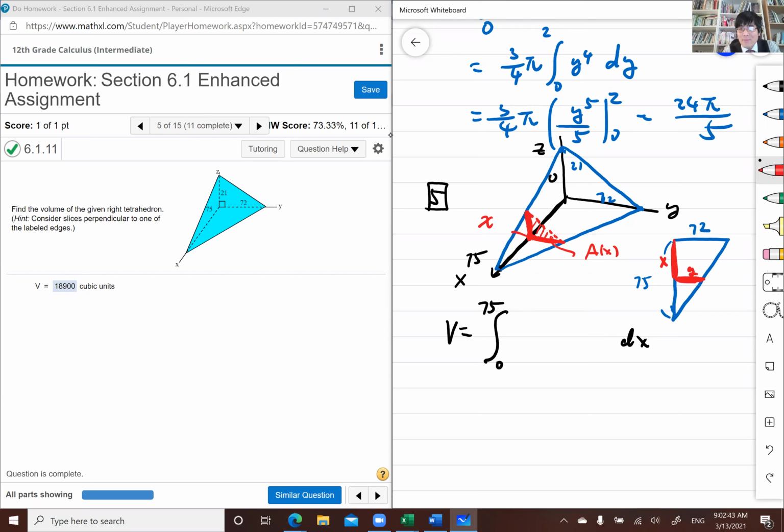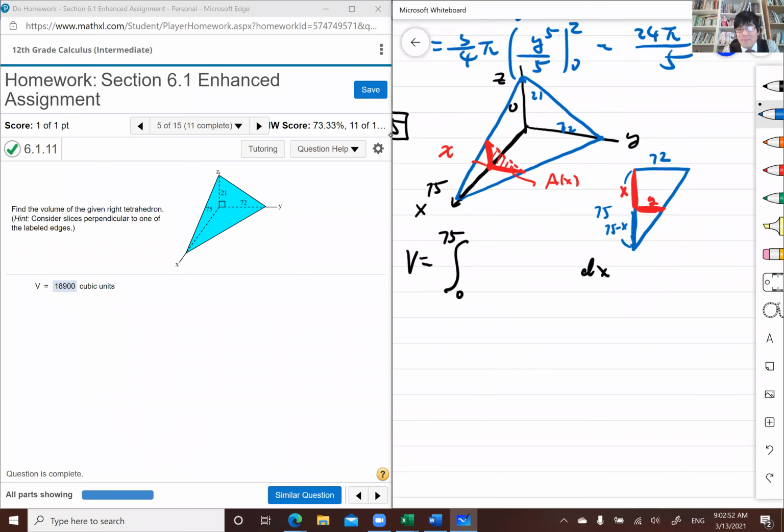Using the ratio, this is gonna be 75 minus X. So by similarity, 75 minus X over Y is the same thing as 75 over 72. That can be reduced to 24 and 25. That's still a big number, which is not so nice.